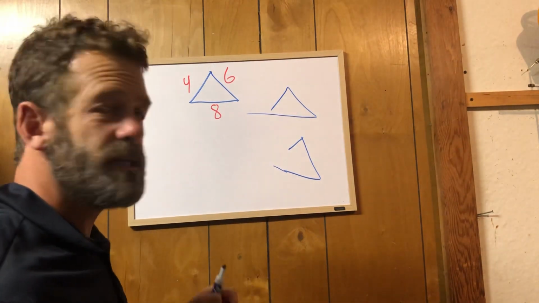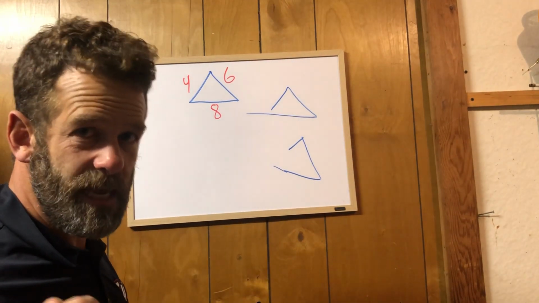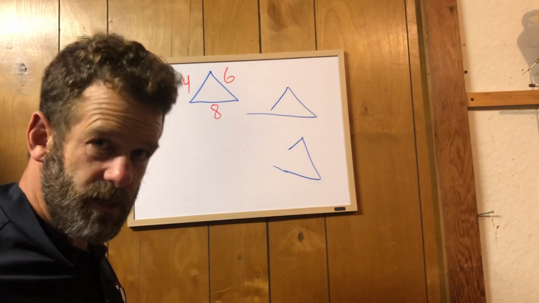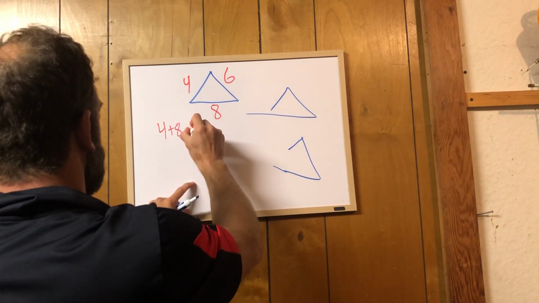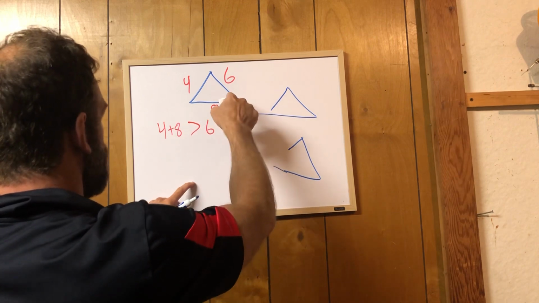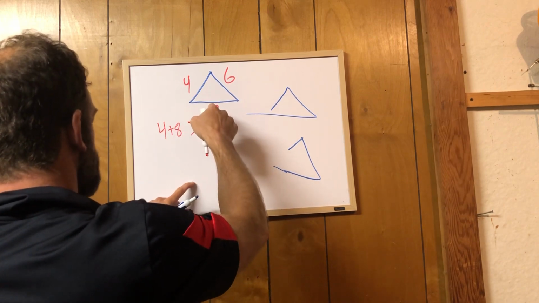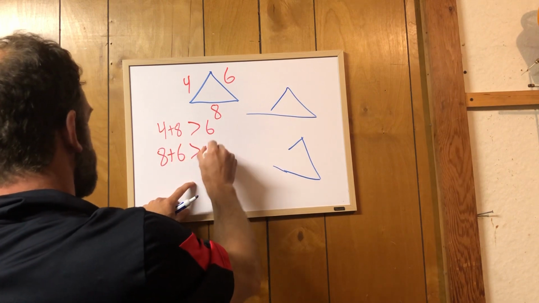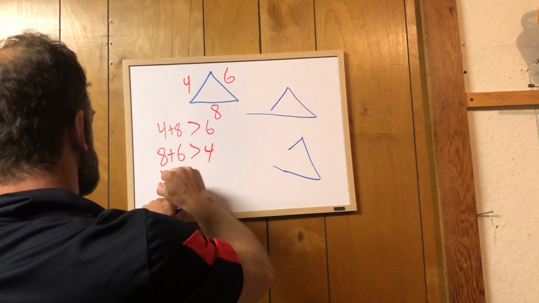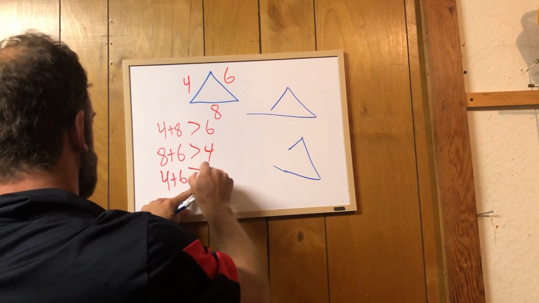You just have to be able to add any two sides together to be bigger than the third side. So for example, 4 plus 8 is greater than 6, so that works. 8 plus 6, you have to be able to do this for everything. 8 plus 6 is greater than 4, and 4 plus 6 is greater than 8.